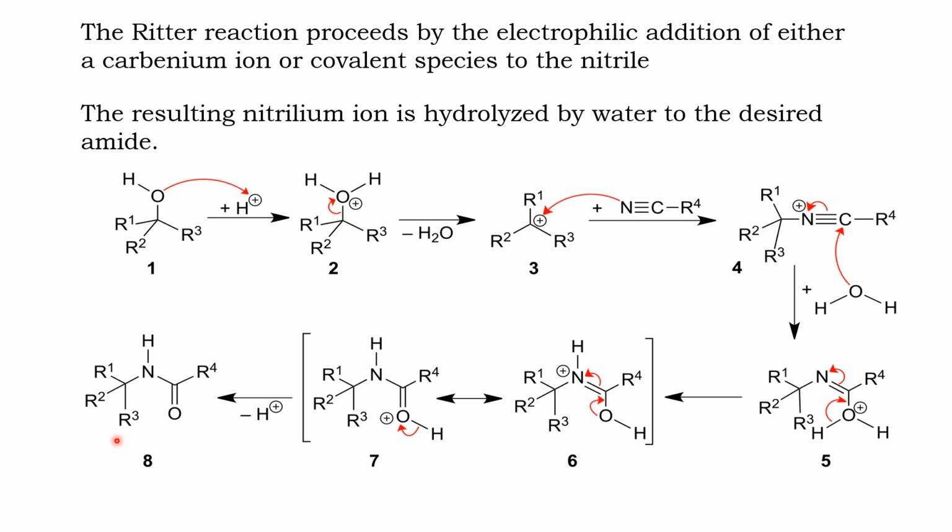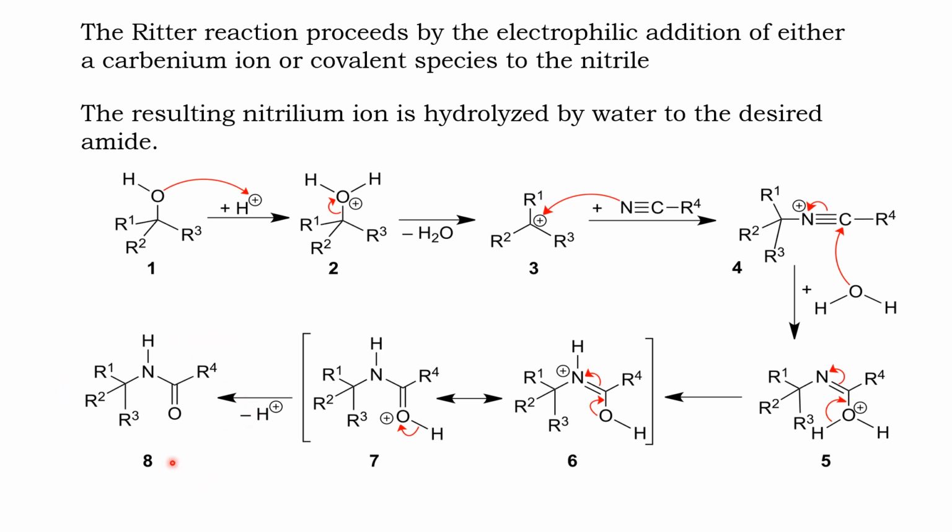Hence we could summarize: the first step is the attack of the nitrile on the carbocation, followed by the attack of a water molecule and the subsequent elimination of H plus ion, resulting in the formation of that particular amide.